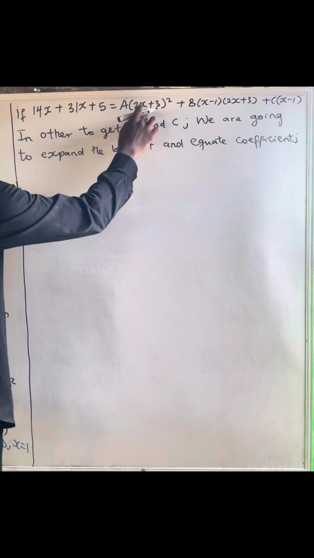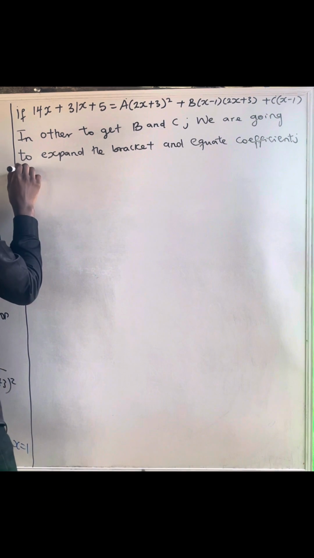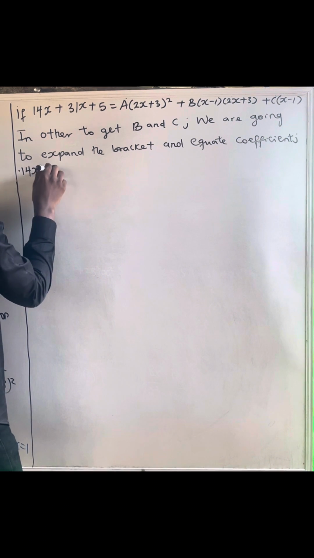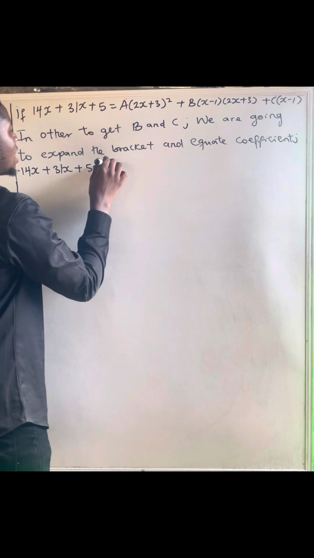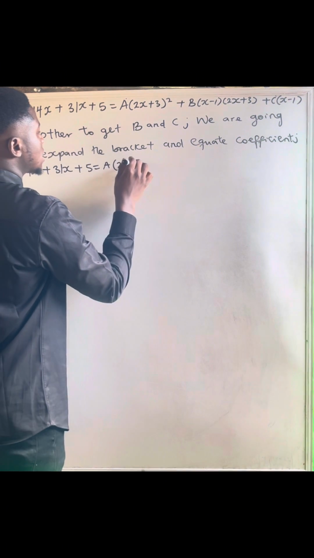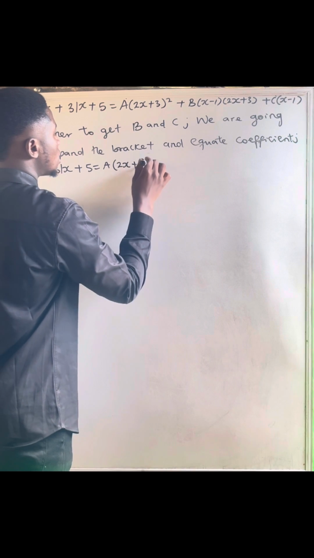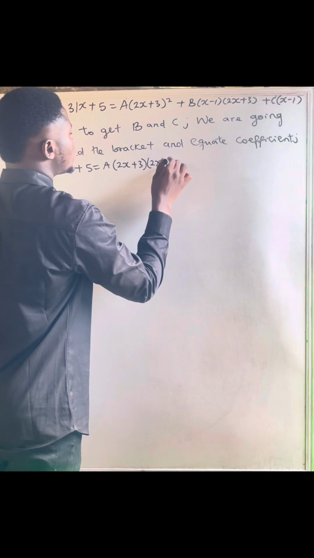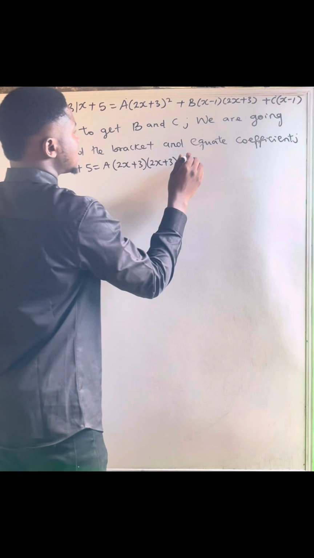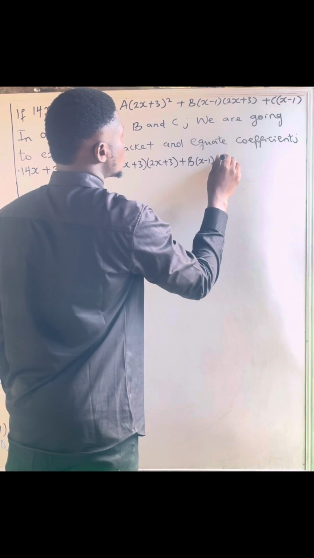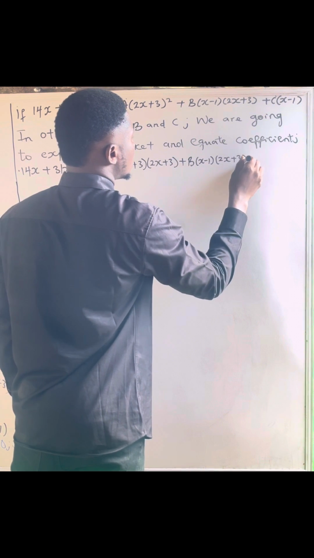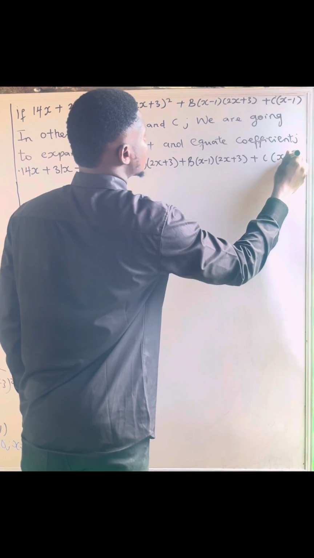So this expression, I will firstly write it as this: 14x plus 31x plus 5 is equal to A, 2x plus 3, 2x plus 3 plus B, x minus 1, 2x plus 3 plus C, x minus 1.